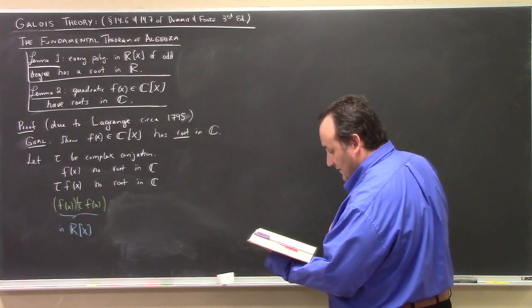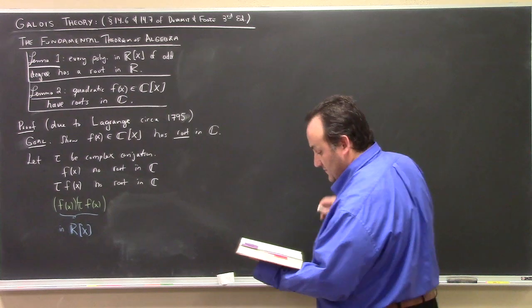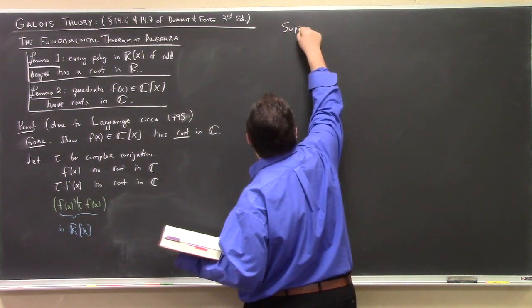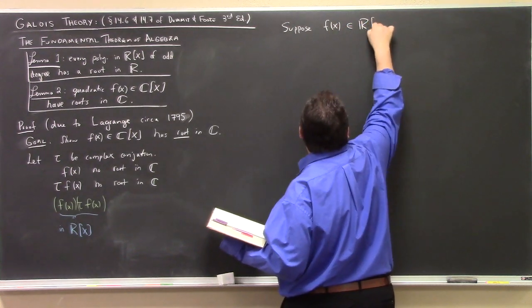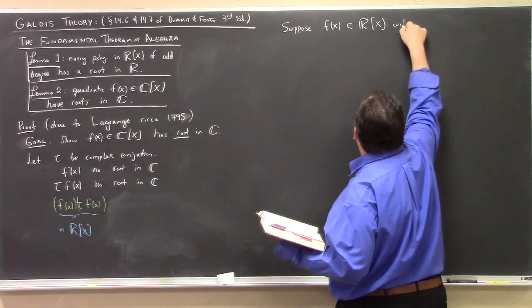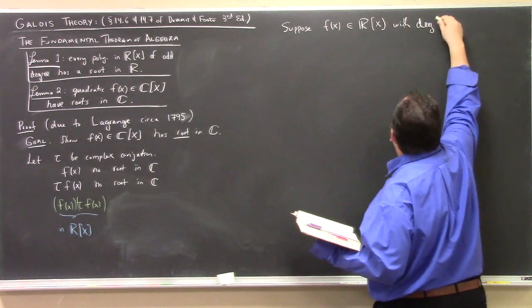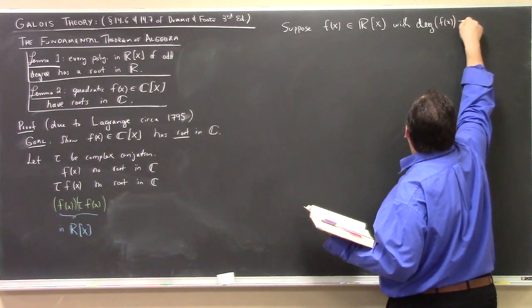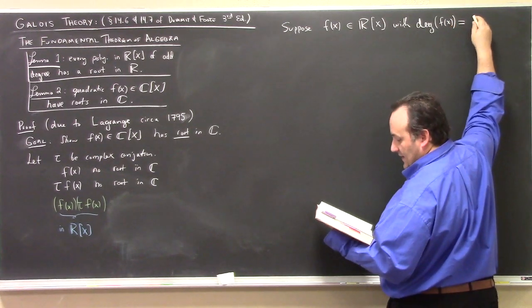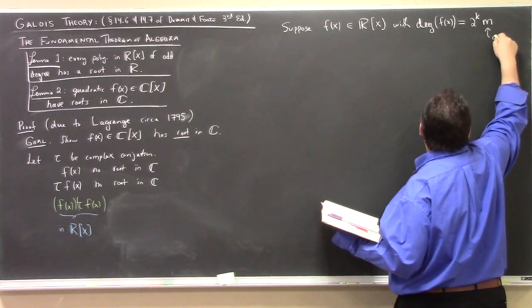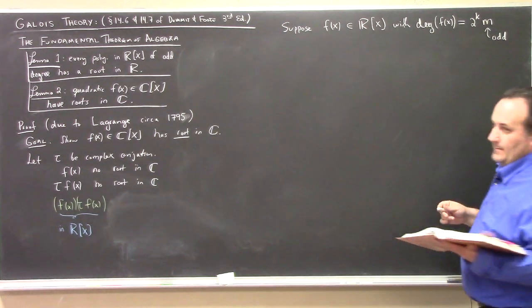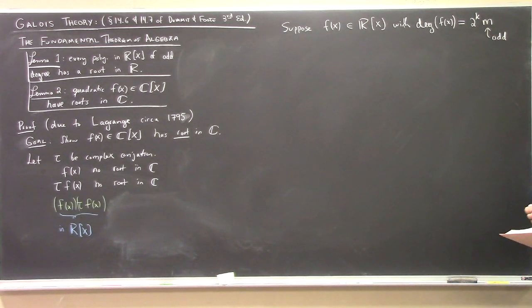Okay, so suppose f of x is a polynomial of degree n with real coefficients. And the way he's going to write the degree formula is the following: 2 to the k times m, where m is odd. Now, if you think about it, that makes sense. That's arbitrary, right? Because it could be m equals 1, k equals 0, first degree.